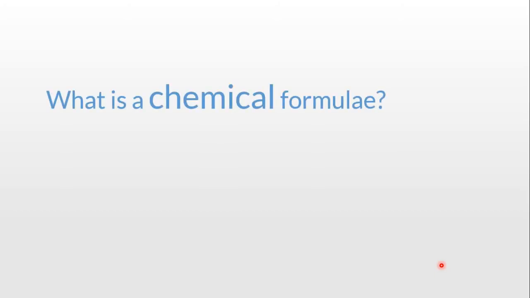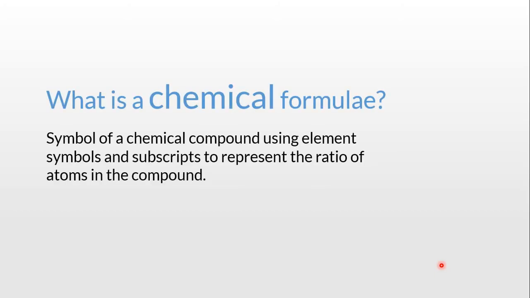Chemical formula. What's a chemical formula? It's basically a symbol of a chemical compound using element symbols and subscripts to represent the ratio of atoms in the compound.